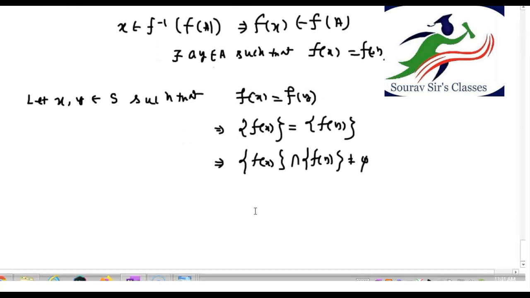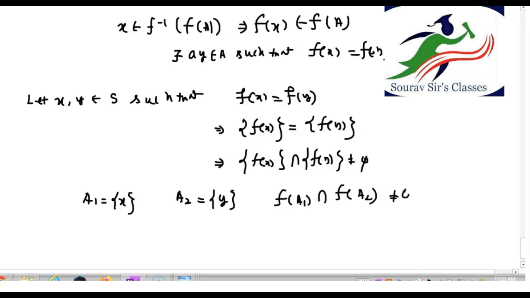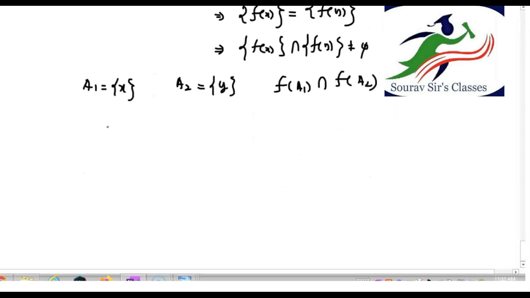Now what is f(x)? Let me consider a set A1 equal to the singleton {x} and A2 equal to the singleton {y}. Then f(x) is nothing but f(A1) and f(y) is nothing but f(A2). Now we observe that f(A1) intersection f(A2) is not equal to phi. If so, I can claim that A1 intersection A2 is also not equal to phi.